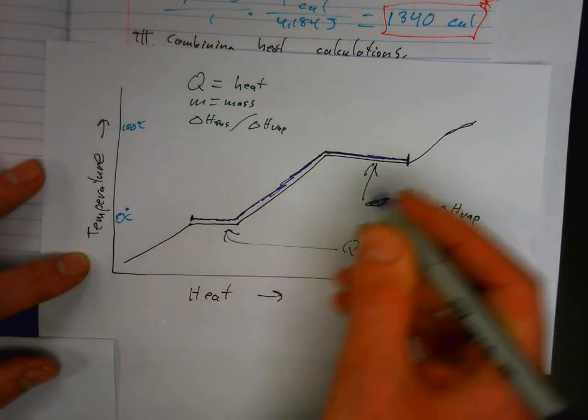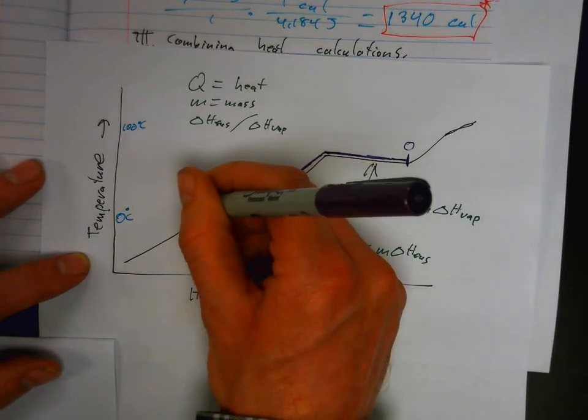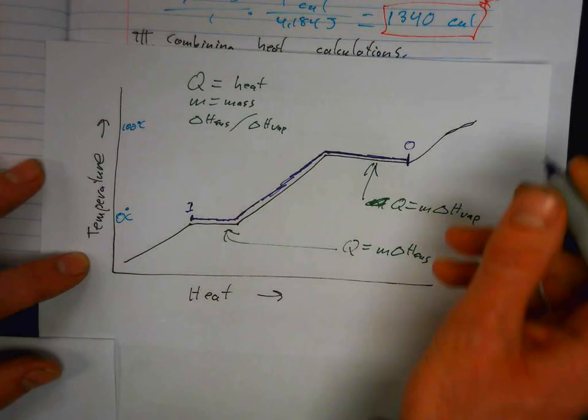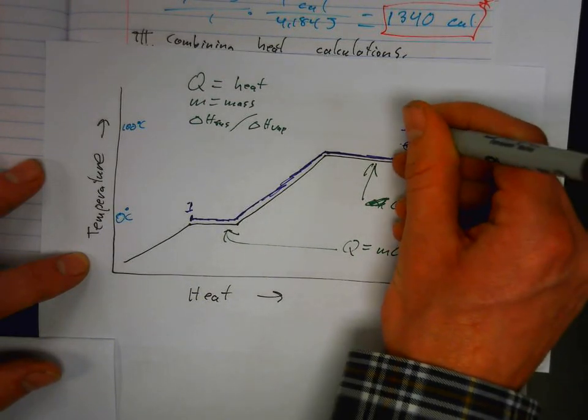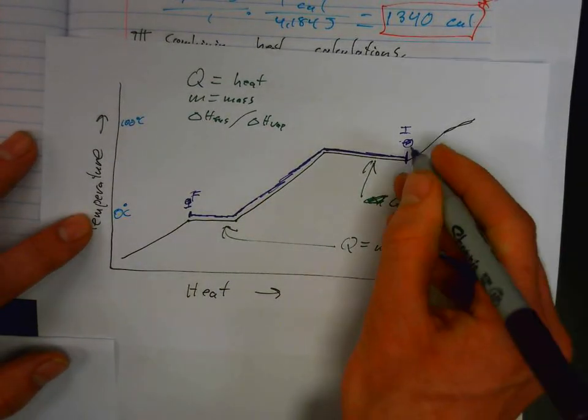So it starts here, this is the initial, and it ends right here. This is the final. We could also mark letters, initial and final.